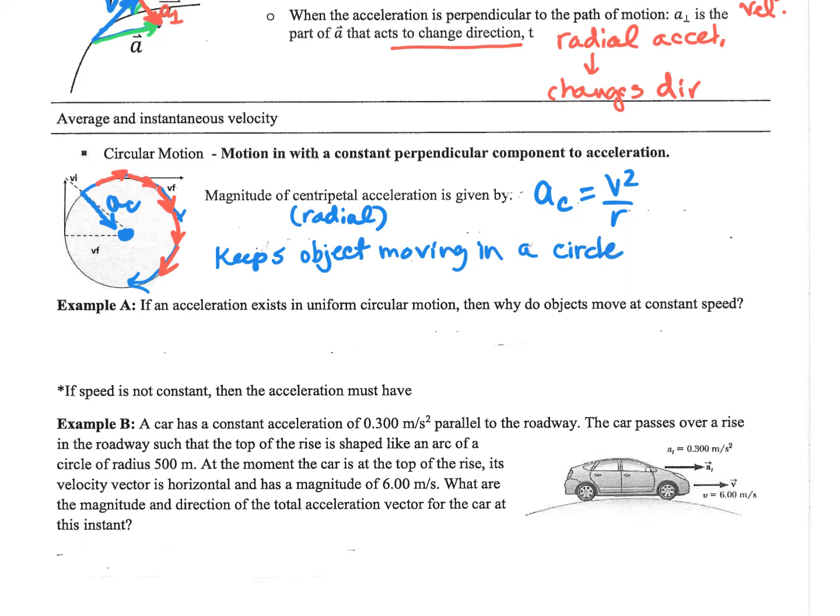Okay, if you didn't have this, if the centripetal or the radial acceleration went away, then what you would have is this object flying out of the circle and going straight, tangent to whatever the arc was at that point. So if you cut off the radial, then all you have is what?